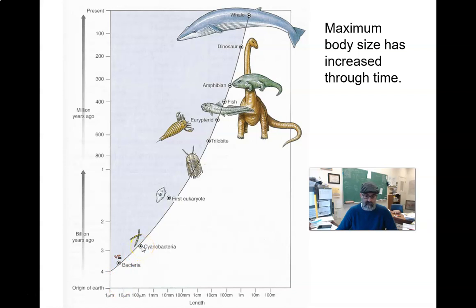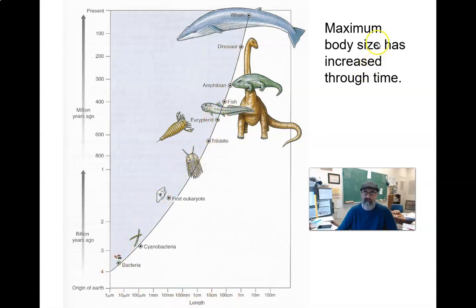Then as we increase in time, we have cyanobacteria, eukaryotic organisms, some type of arthropod, vertebrates, right? We get into the tetrapods, amniotes. So we see new forms coming into existence as time goes on.